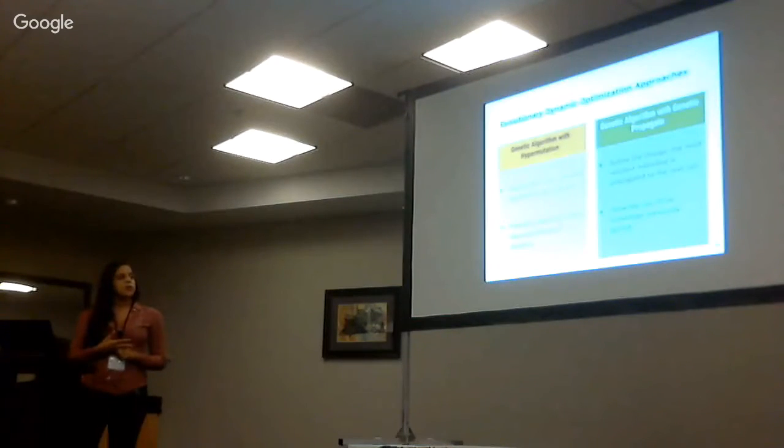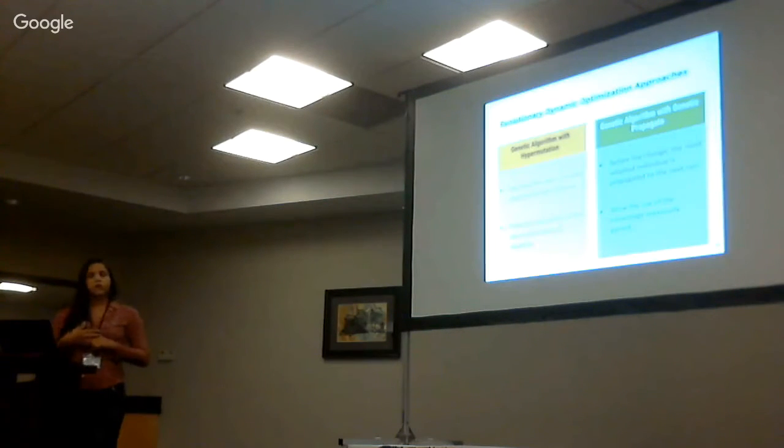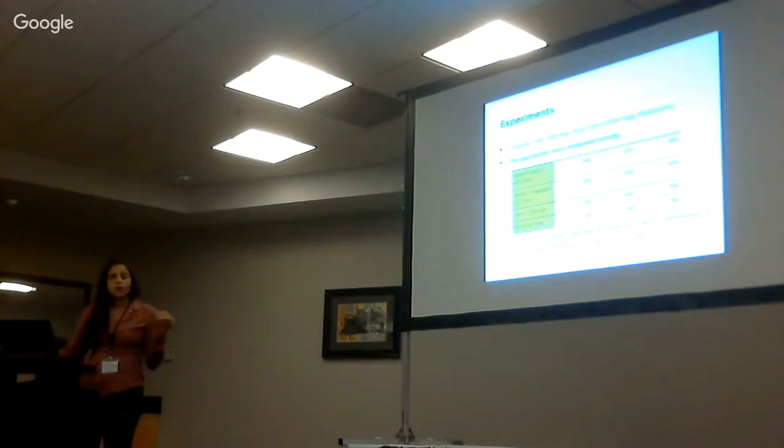The second approach is a genetic algorithm with genetic propagation, where before the change happens, the most adapted individual is propagated to the next generation. This mechanism allows the use of the knowledge previously gained.